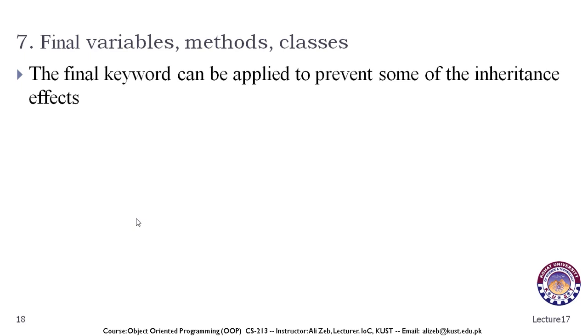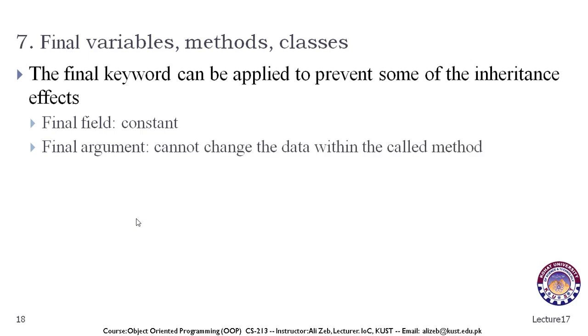There might be situations where we do not want to allow everything to be inherited by the subclasses. In that case, we can declare those fields as constant by using the final keyword.